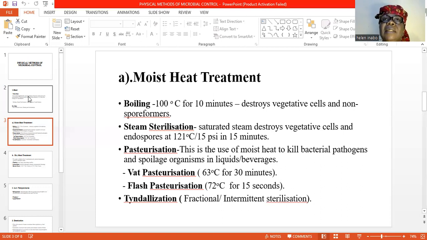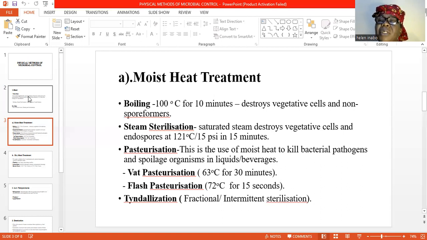And after that, he observed that there were no microorganisms in the wine that was pasteurized. Now, pasteurization was extended to milk because there are bacterial pathogens that can cause diseases in humans.